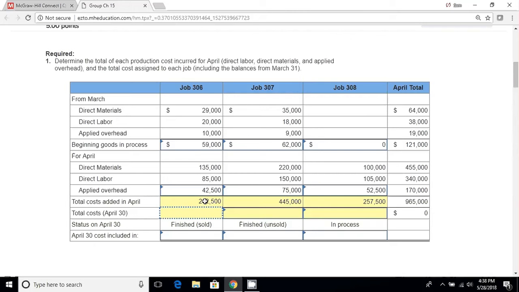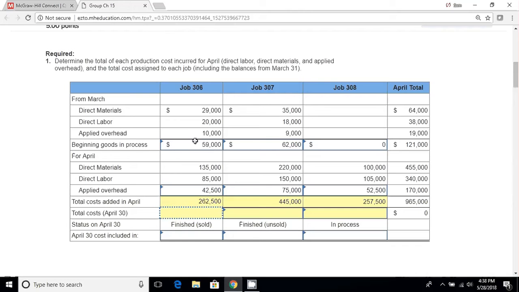So what's happened here is it says, all right, well, you add these things together and you've got your total cost for April. Here's my total cost for the beginning of the month, basically whatever it was in March and any time before that. And now we're going to add this in April. So it says, what's the total cost of job 306 as of April 30th? Well, that means it wants the beginning plus what you added in April.